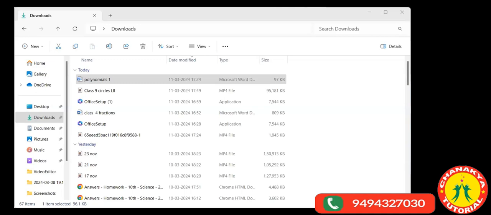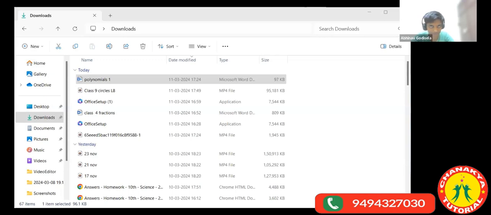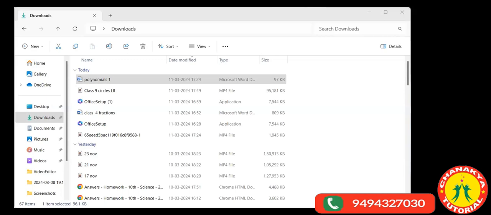We can see File Explorer, but not your PDF. Okay, okay. Okay, no worries then.